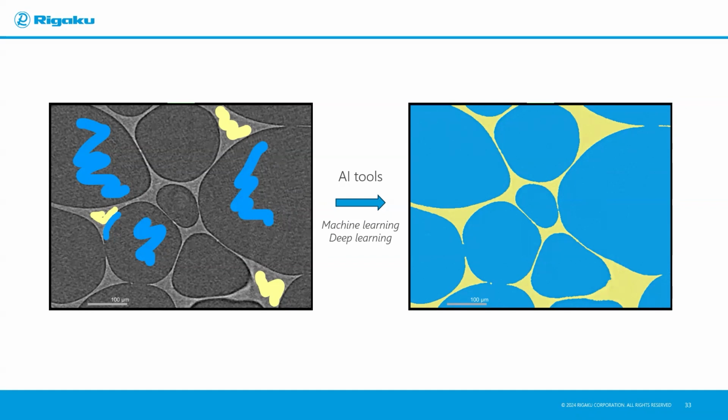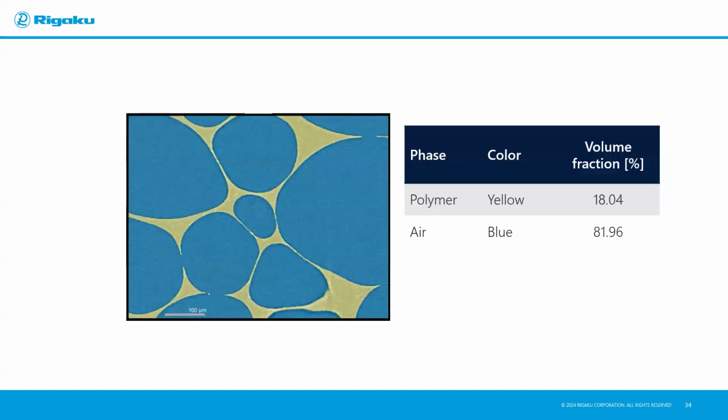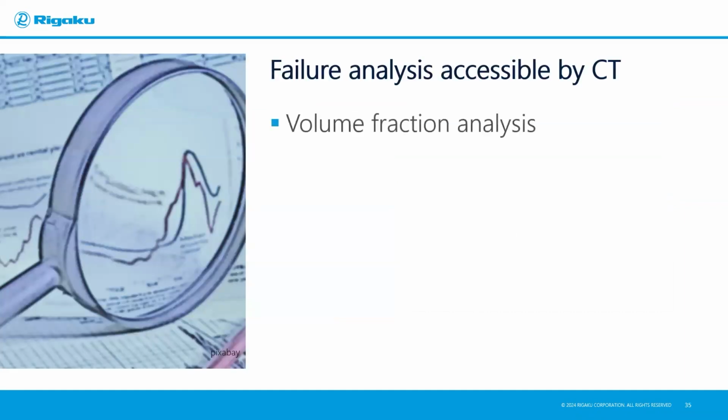Now that you have it all extracted, you can very quickly just click on the polymer and it'll tell you what volume fraction is associated with the polymer. So then you can quickly investigate some quantitative features. And the things that are accessible, of course, are the volume fraction analysis that we just talked about.